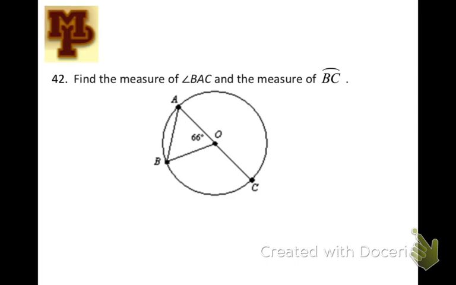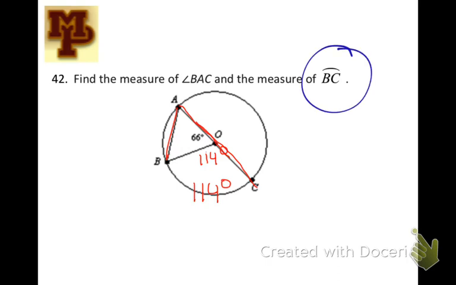All right, so 42. Let's see, angle BAC. This is a straight line, so that's 66. So this one is 114, and that means this arc measure is 114, and this is an inscribed angle, so we can say that that's 1/2 of 114.